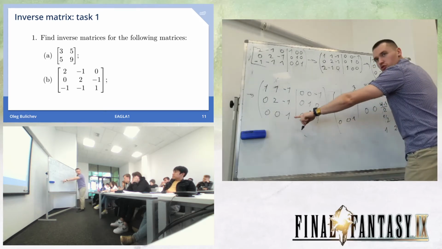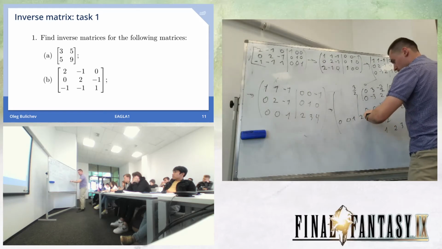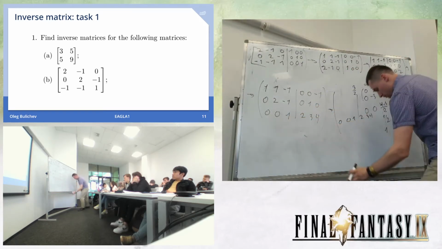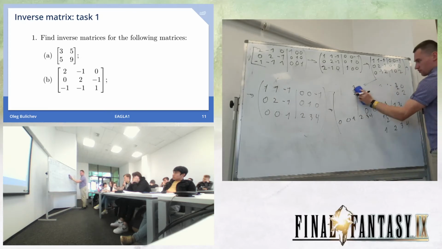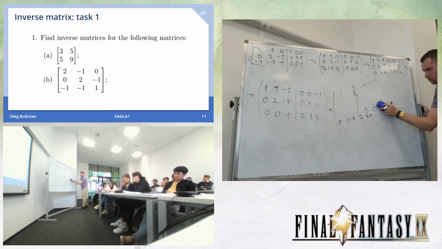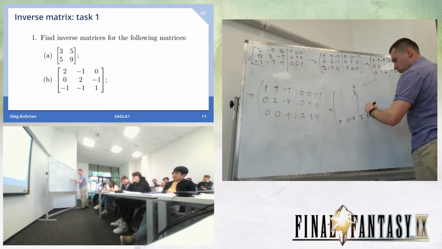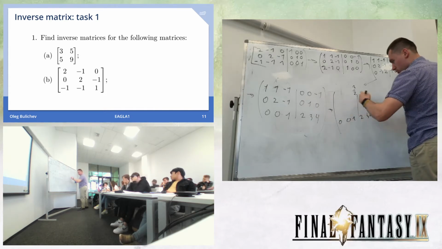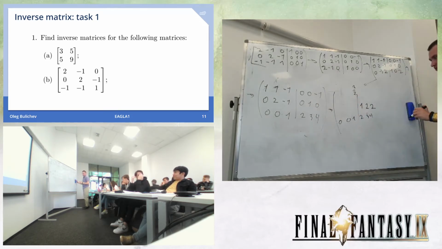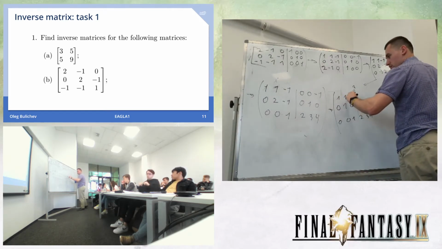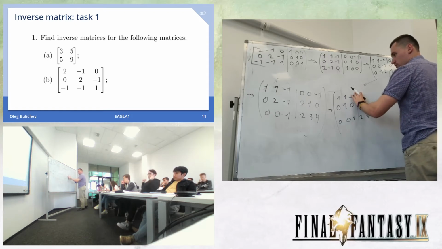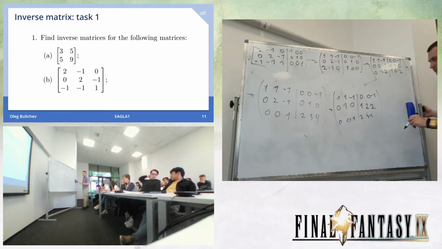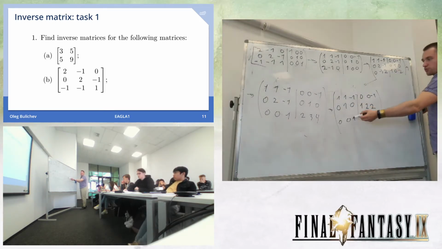So to sum up, we already know the last column, or row, we already know the solution. After this, I summarize this and subtract this.